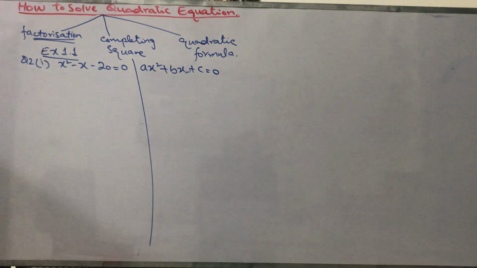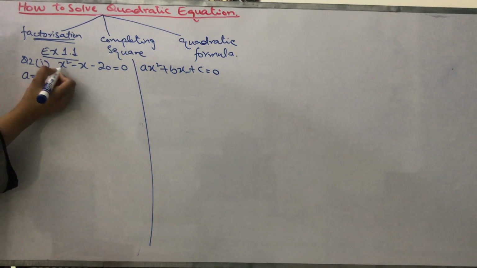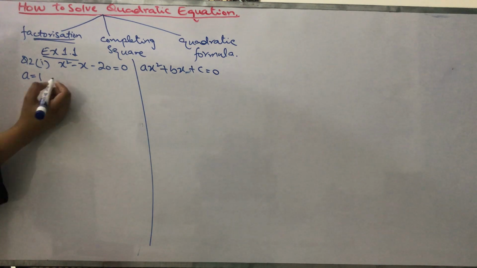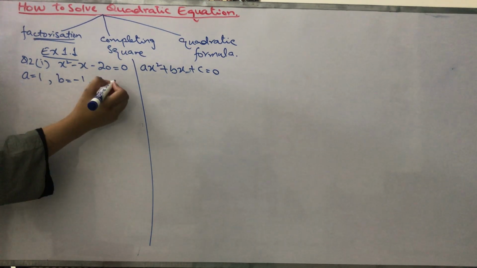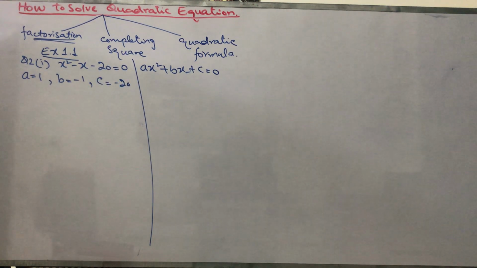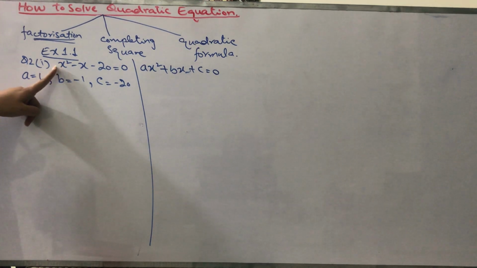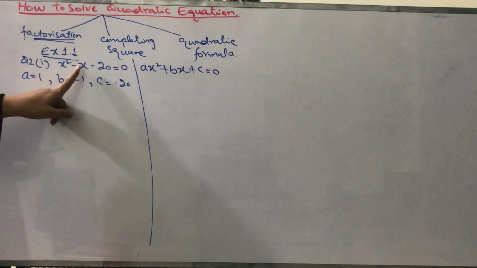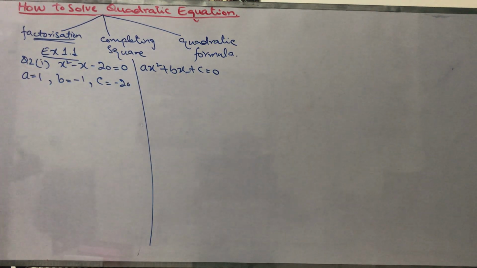So what is the value of a here? A is 1, b is minus 1, and c is equal to minus 20. This was the first step, right? A is 1. How? The coefficient of x square is 1, so a is 1. The coefficient of x is minus 1, that is b. And the constant c is equal to minus 20. This was the first step.